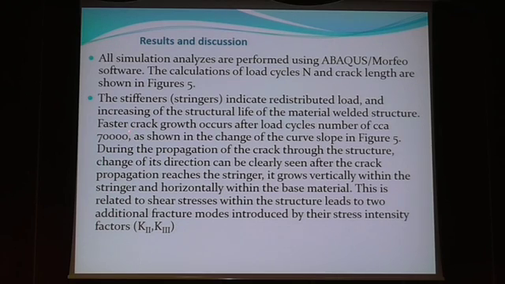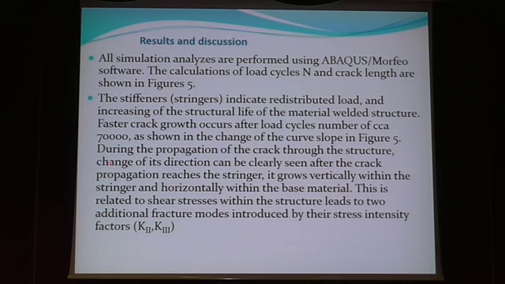You will also see that faster crack growth occurs after approximately 70,000 cycles, so this can be understood as a kind of life limit in this case. Of course, it's just numerical simulation that needs to be experimentally verified. Then, what was most interesting for us, propagation of the crack through the structure.